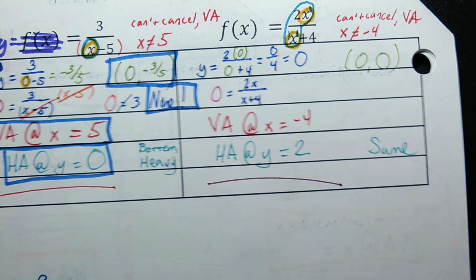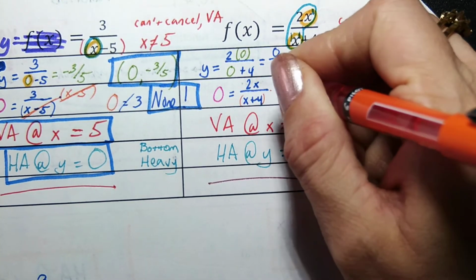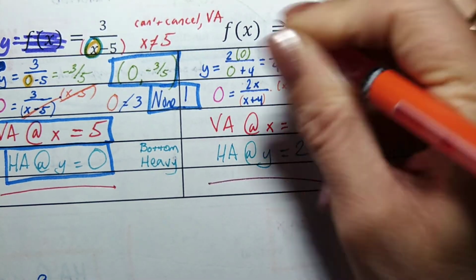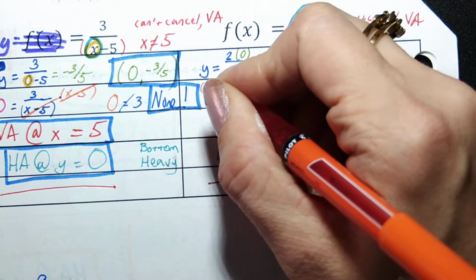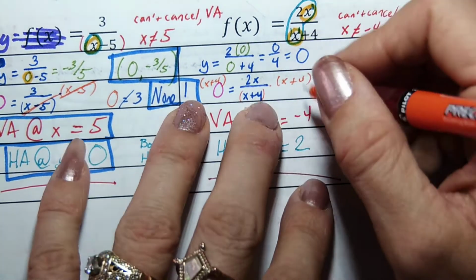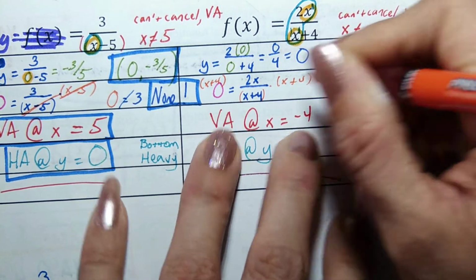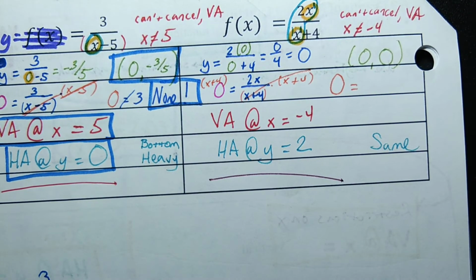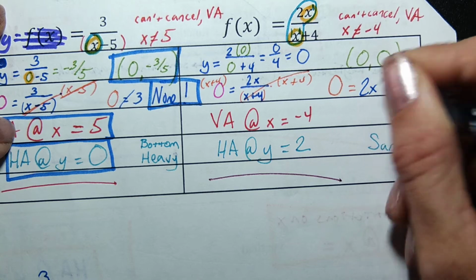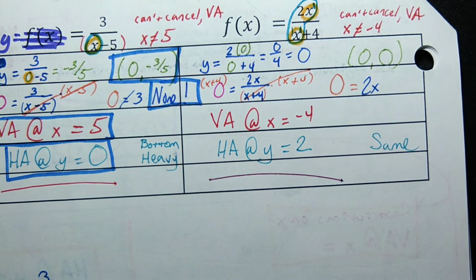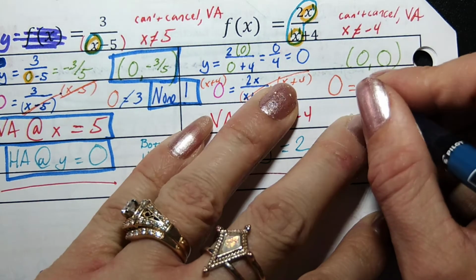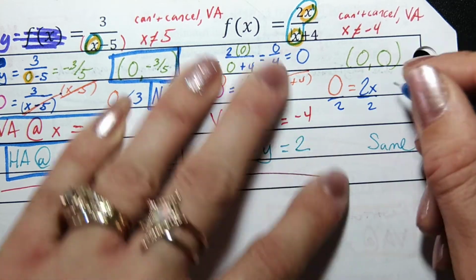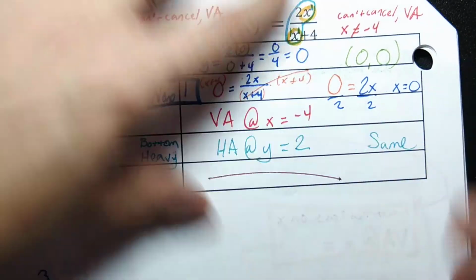Multiply by x plus 4 to get rid of the fraction. And what's 0 times x plus 4? Still 0 on the left. And on the right, we have 2x. So what does x equal? Divide both sides by 2. x equals 0.